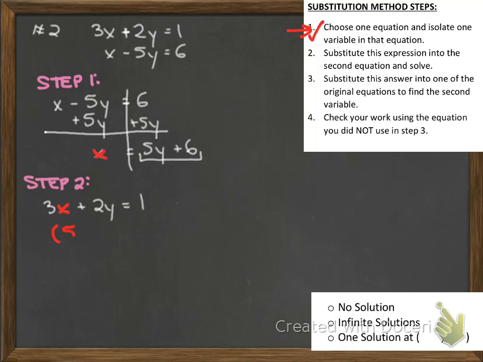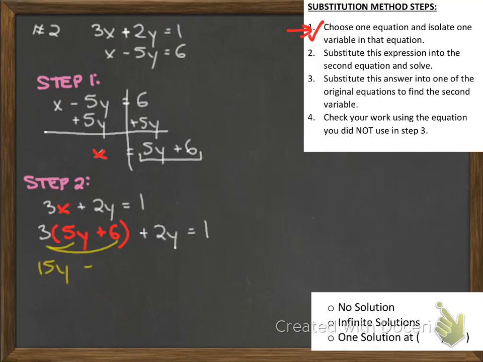I'm going to write, in parentheses, 5y plus 6. So we have 3 times the quantity 5y plus 6 plus 2y equals 1. Again, x is equal to 5y plus 6, so wherever I see x, I can write 5y plus 6. Now I can go ahead and use my distributive property.